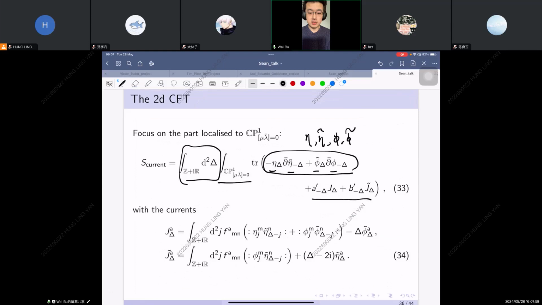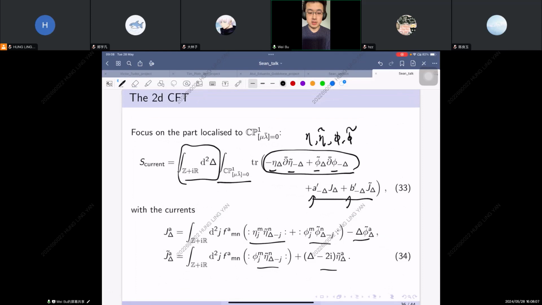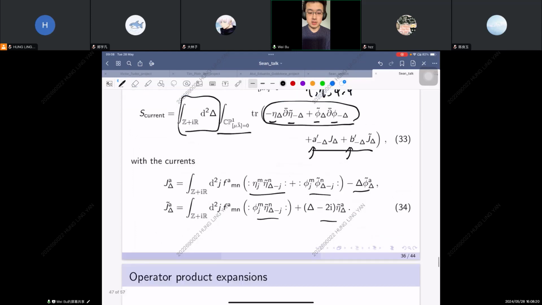And these are coupling terms, where these J's and J tildes are bilinears and mass terms in these free fields. A's and B's here are the bulk gluon modes, A prime and B prime. So the labels here, the deltas you see, are the result of the scaling reduction. I did a scaling reduction and I traded it for a number. So that's the Mellin transform geometrically, if you like.